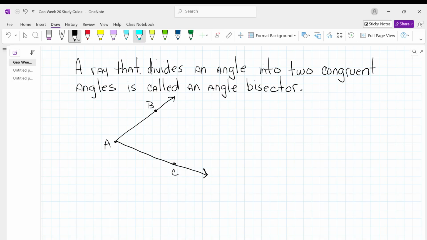A ray that divides an angle into two congruent angles. Congruent means the same or equal to. So if we start at point A right here, put your pencil on A, and you're going to go out to the right, but you're trying to go into the middle of this interior. So right about here. And then put point D on that angle bisector.